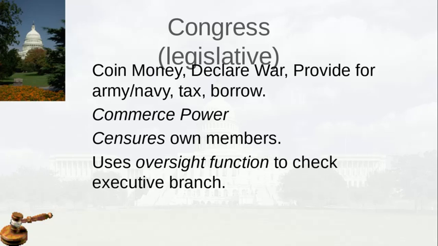This means that they basically have the job of inspecting or auditing, watching over the executive branch. So often you'll see committee hearings where members of the cabinet or other executive branch members will come in and answer questions and provide evidence and so on.